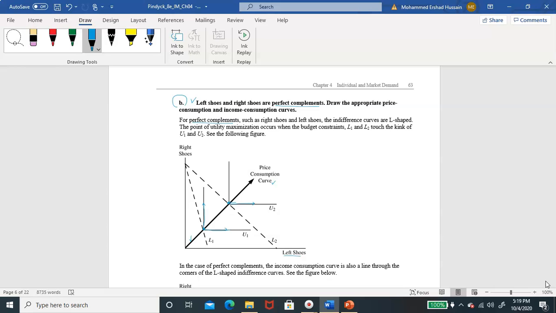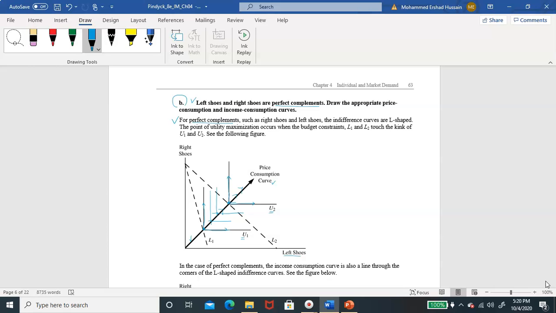If he buys left shoes alone, his utility is not increasing. If he buys right shoes alone, again he's on the same indifference curve, U2. Only when he's buying in this proportion will his utility increase, and his indifference curve will shift up like this, right? Always L shape.